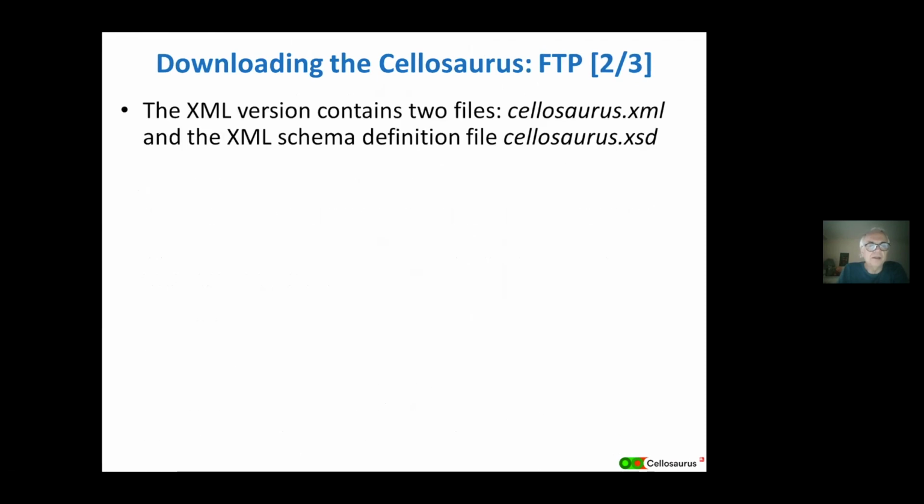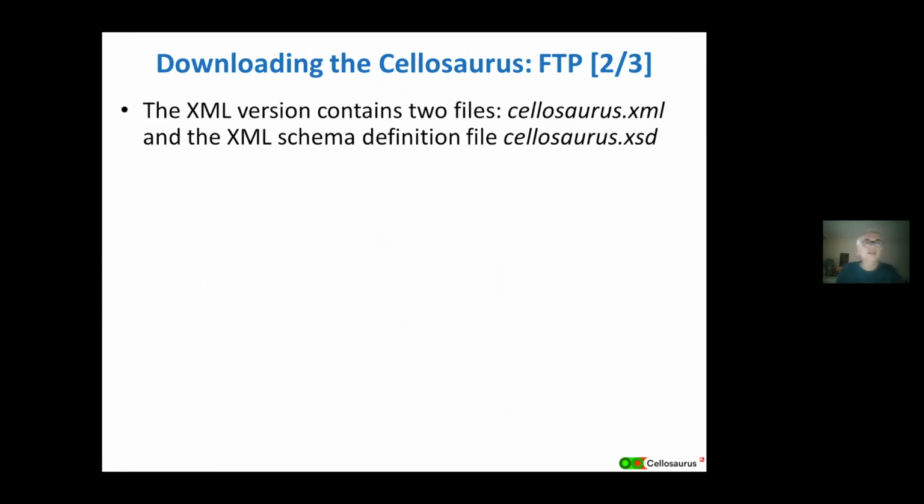Now, the best way to use it is the XML version, because everything is in it, both the records of data and all of the reference records. So Cellosaurus XML contains everything, including the instantiation of the URLs of cross-references. And it comes with, of course, an XML schema definition file.